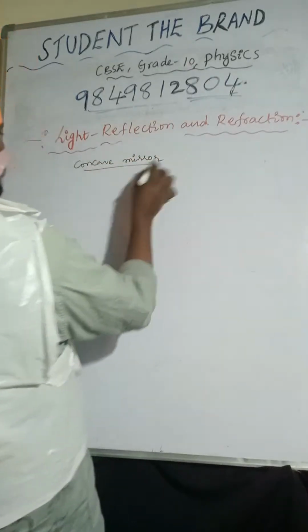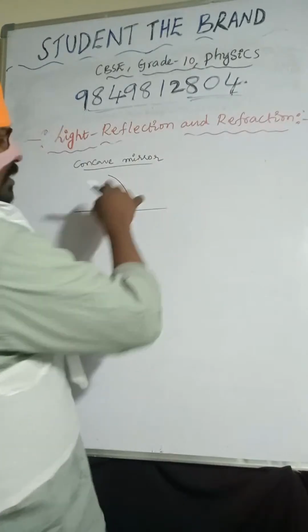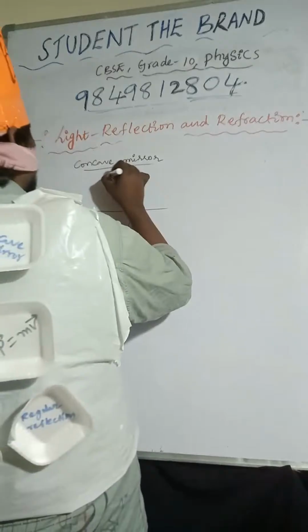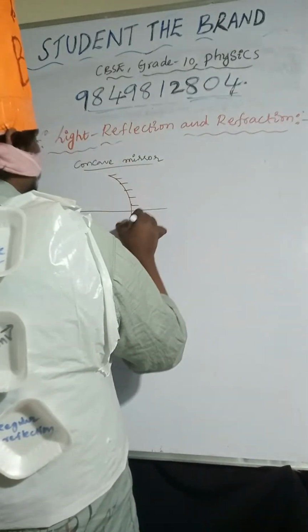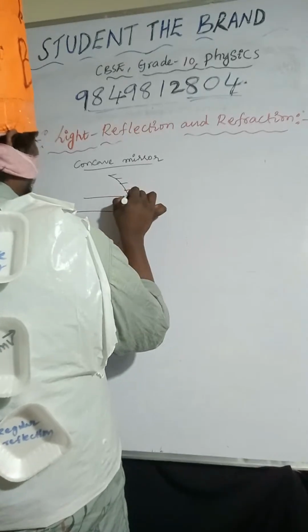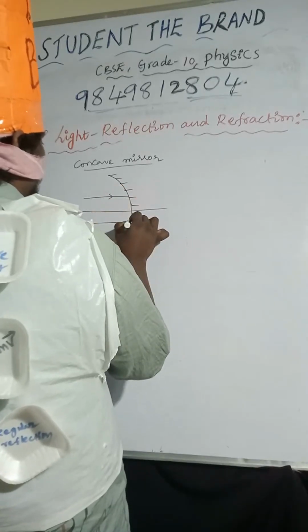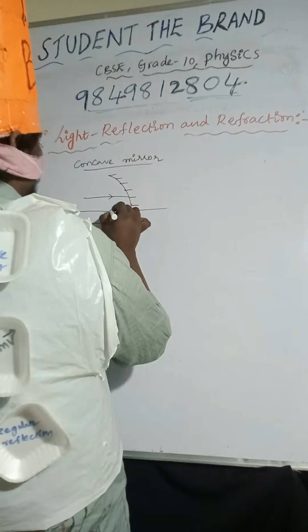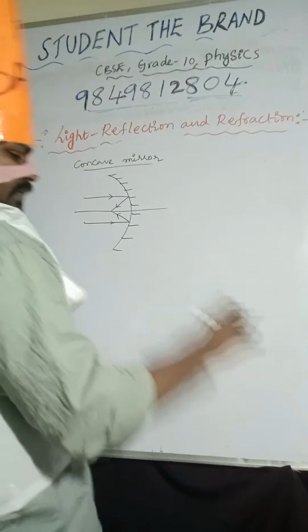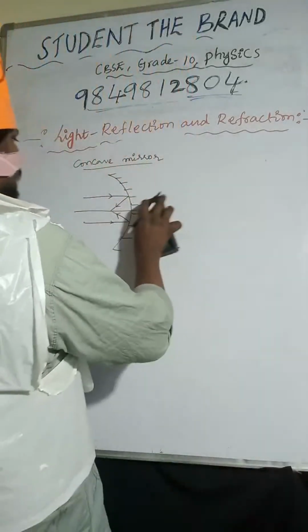Concave mirror. So here you see this is a concave mirror where reflection takes place inward. So after converging, the light rays will meet at one point on the principal axis. Concave mirror. Next one is the convex mirror.